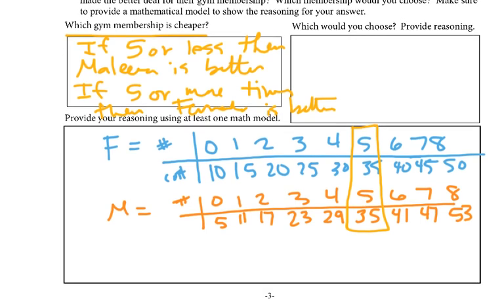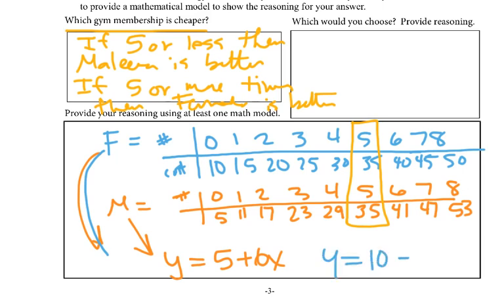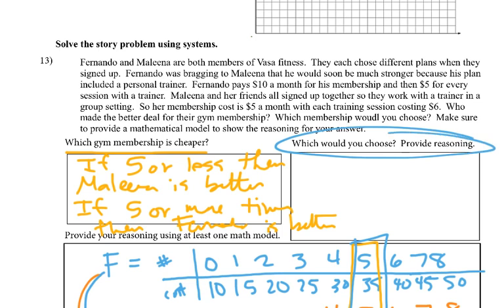If you were to make an equation, Melina's equation would be y equals 5 plus 6x. Fernando's would be y equals 10 plus 5x. And then you could graph them, and you'd find that they intersect at that point.